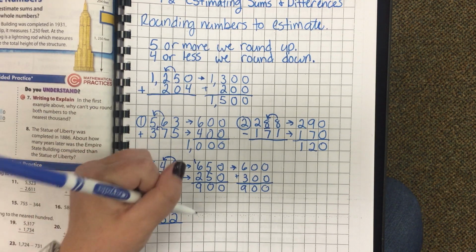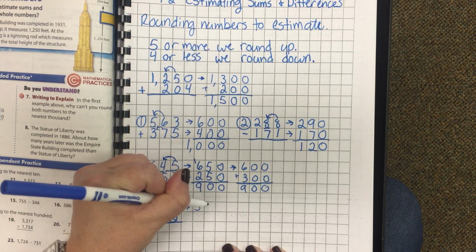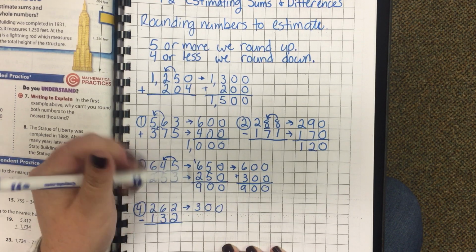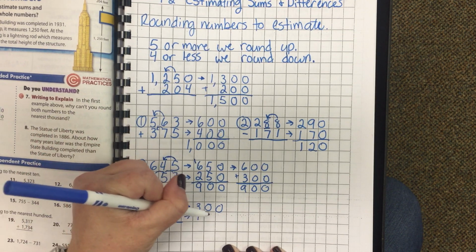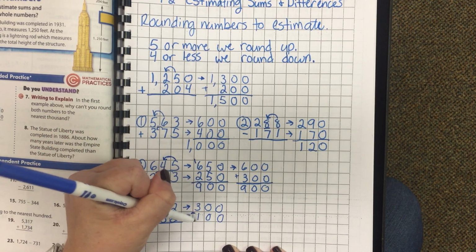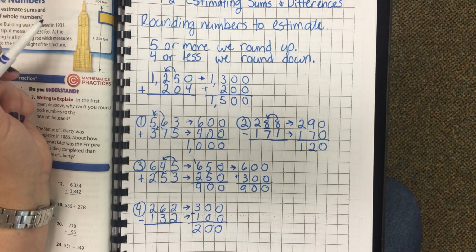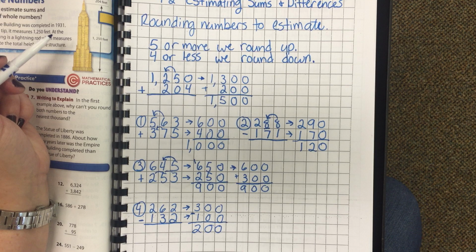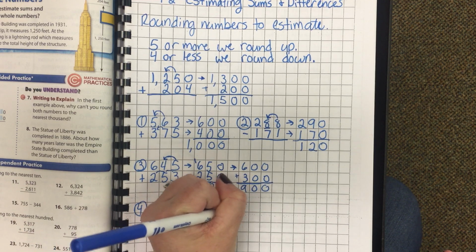So 262 rounded to the nearest 100 becomes 300. 132 rounded to the nearest 100 becomes 100. 300 minus 100 is 200. Good stuff. Easy stuff. Yes, much better than last time, right? Yes. Okay, number 5.